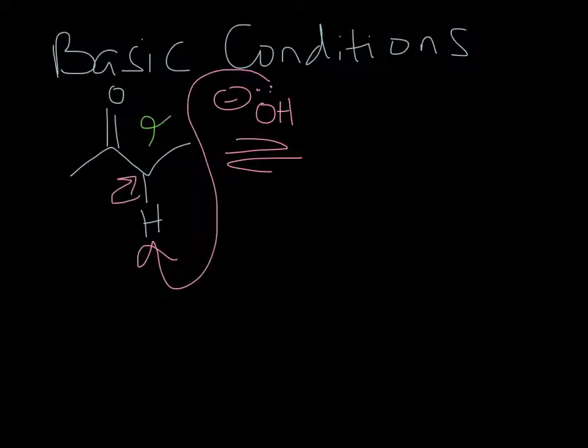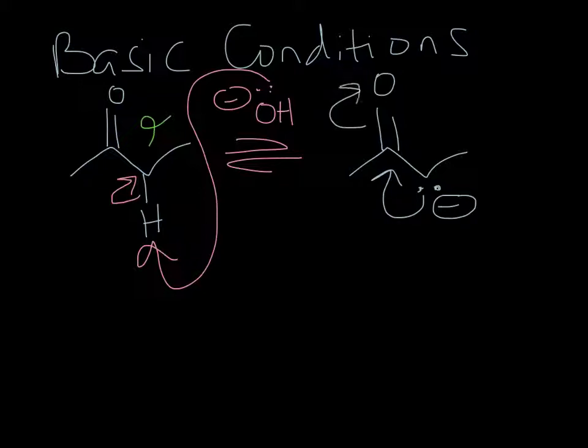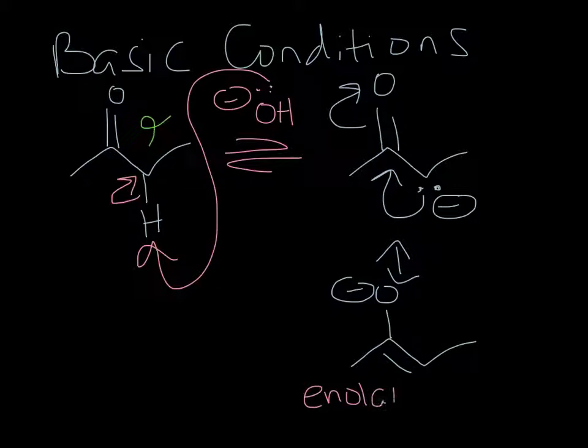And so when that happens, what I get next door is this compound, and this is in resonance with this compound. And this guy on the bottom here is called an enolate ion.